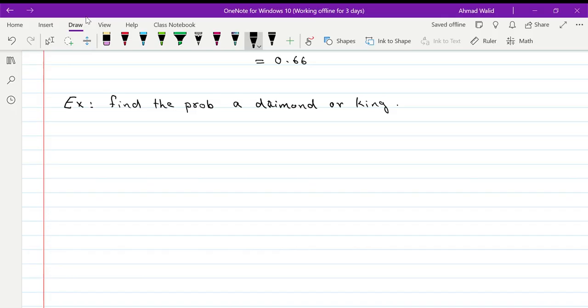Correct? Means this. Find this probability: probability of a diamond or a king. First, your formula. P of diamond, correct? Plus P of king minus P of diamond and king.